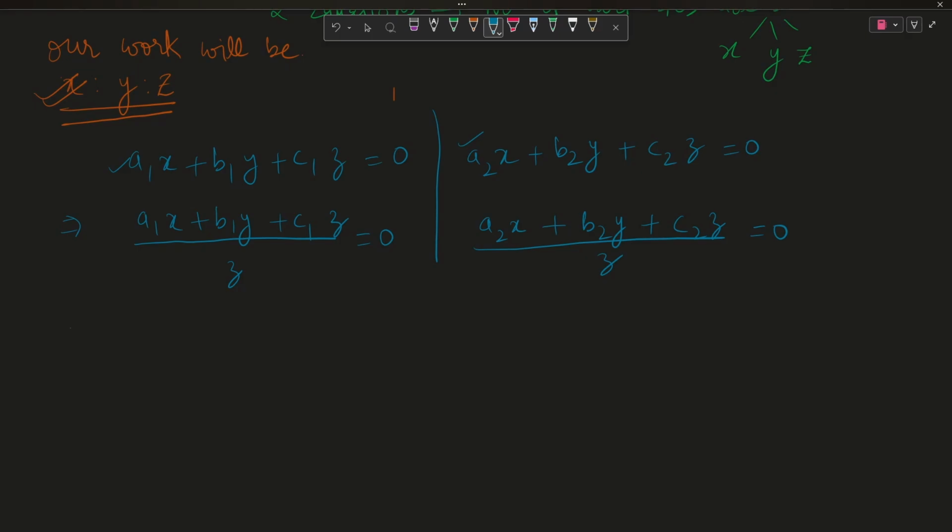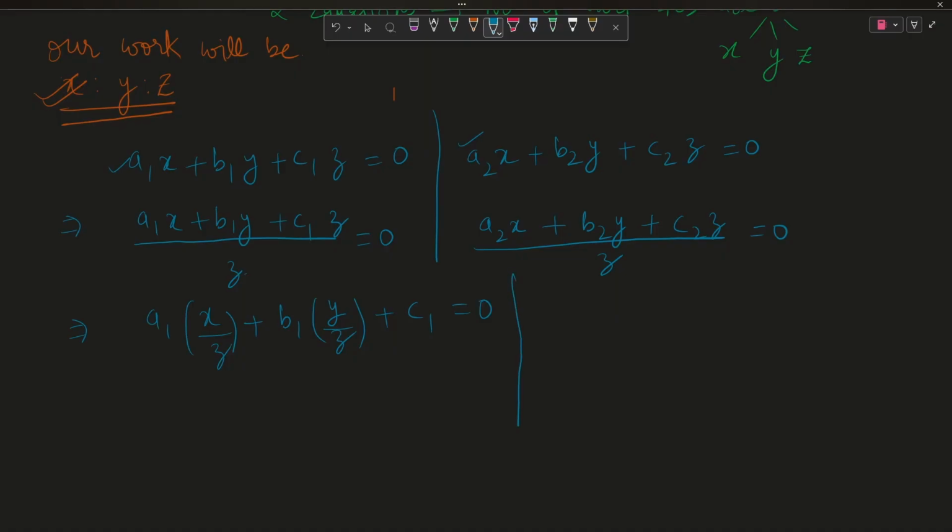So A1 as the coefficient can be written with the variable x upon z, plus B1 as coefficient with variable y upon z, plus C1 is equal to 0, as the z and z get cancelled.